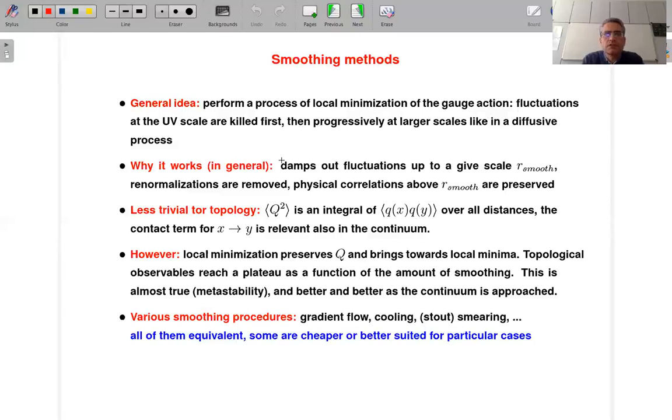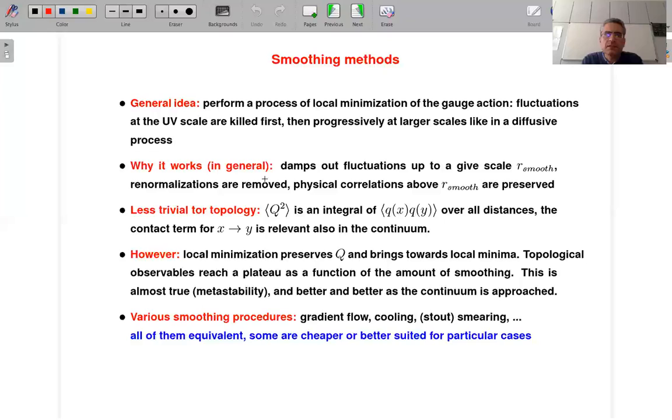In general, this process works because you are damping out fluctuations up to a given scale, which is a sort of smoothing radius. Since renormalizations are associated with fluctuations at the ultraviolet scales, or at the scale of your lattice spacing, you first remove renormalization while you preserve physical correlations, which are above the smoothing scale.